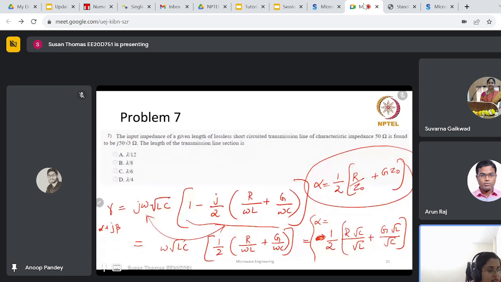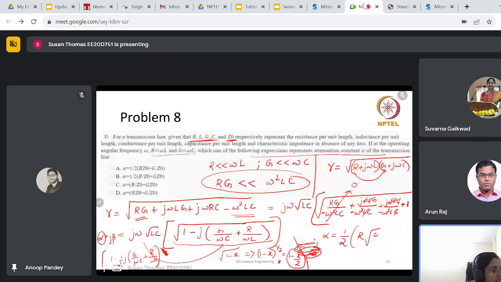In the options, it is R by Z naught plus G Z naught, Option B. So the idea is you expand the expression for propagation constant, apply the conditions, and if required, expand it using the binomial theorem, and then you can simplify and get the expression for alpha, or you can also get beta.